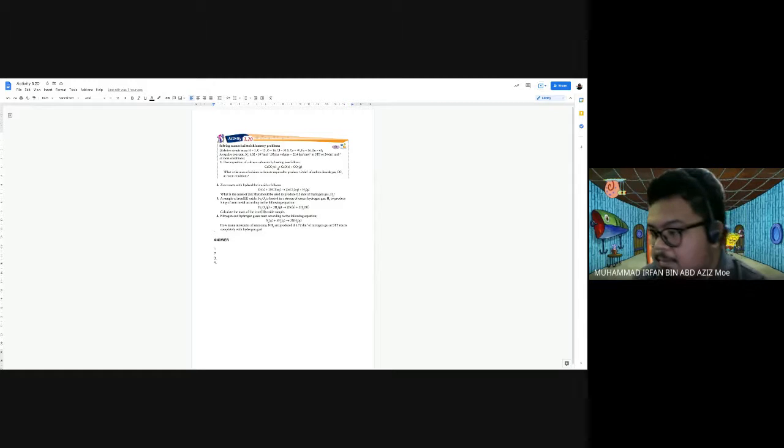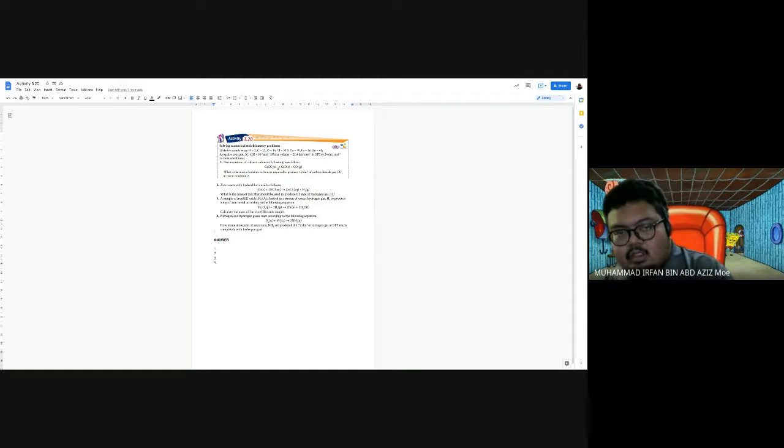Okay, you can do it now. Those who cannot use a computer and only use a phone, just open textbook page 73. The answer is visible.